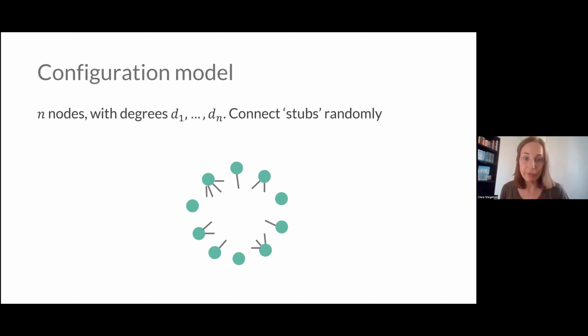That means that if you have a data set, you basically extract the degrees of all the nodes. Here I just ordered them in a circle. Suppose that I have a data set where one node has degree 4, one has degree 3, and a few have degree 2.